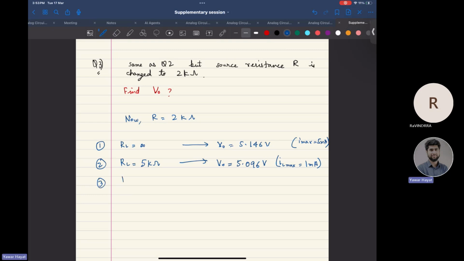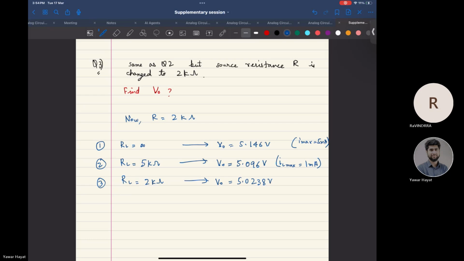Similarly, when your RL would be 2 kilo ohm, your V output would be 5.0238 volts, obviously.